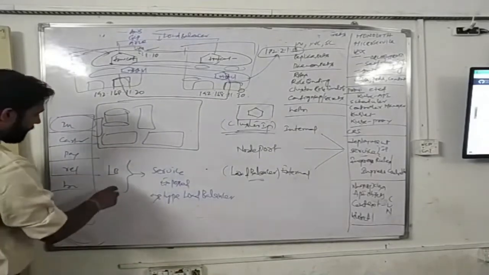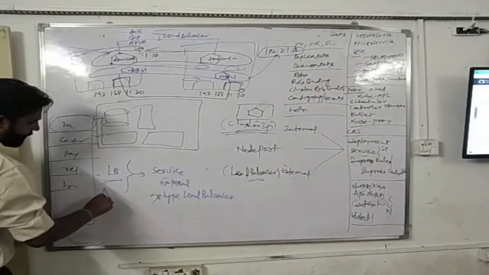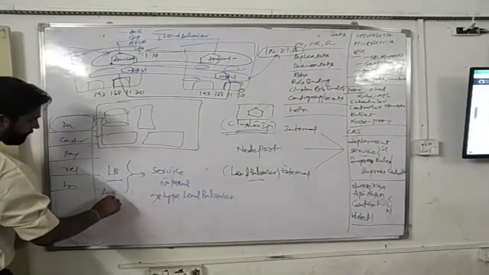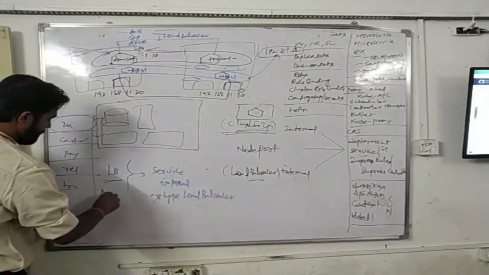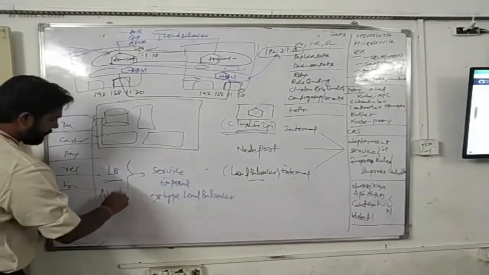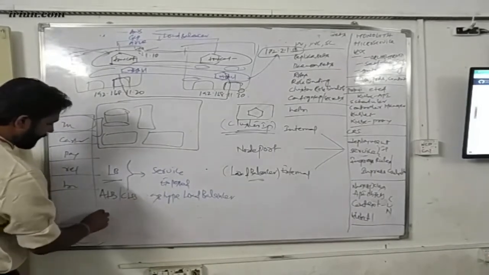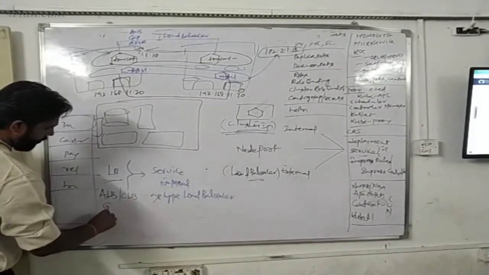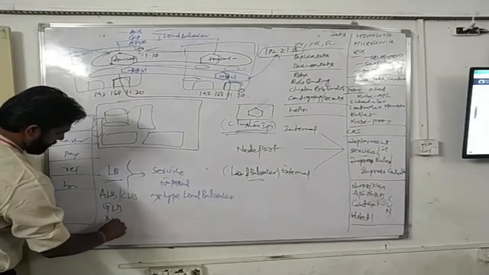Now there are multiple types of external load balancer. You have elastic load balancer from AWS, called ALB, or CLB, classic load balancer. Then there is a network load balancer, whatever it is, don't worry. Google also has Google load balancer, and Azure has one too.